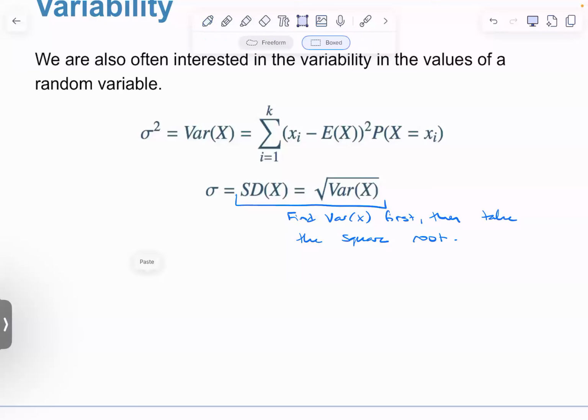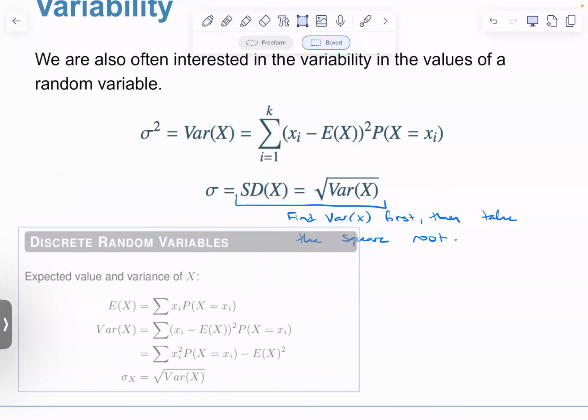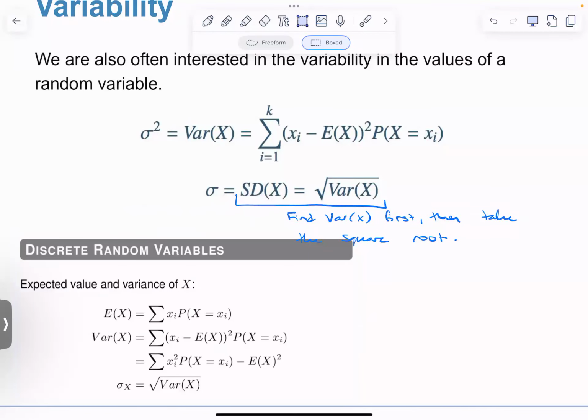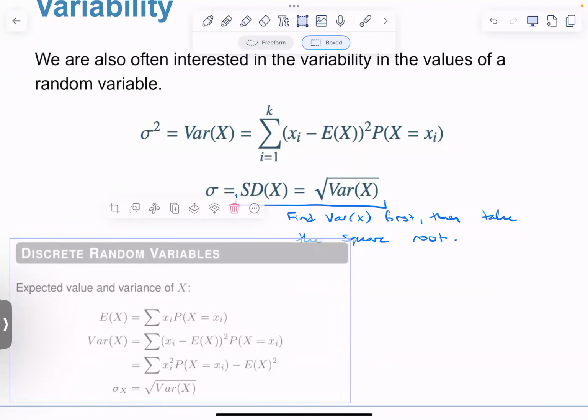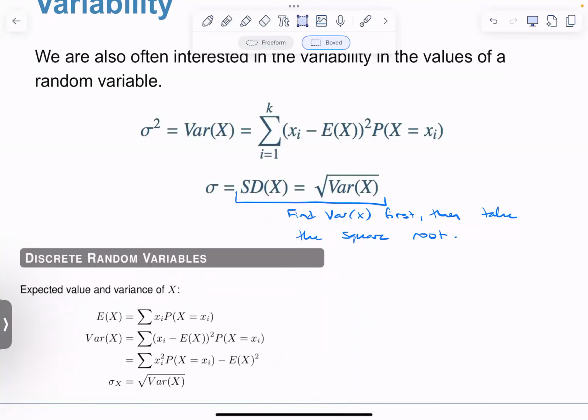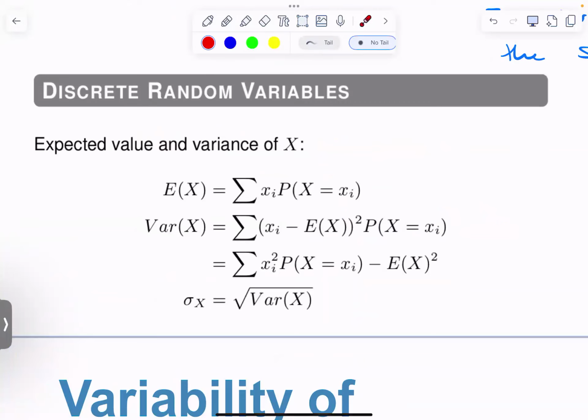I'm going to bring in, let's see if it's still, it is, nice. So here, the variance of x, this is the formula that's on this slide. Xi, how far is it from its expected value?